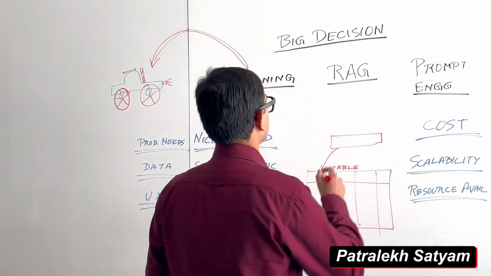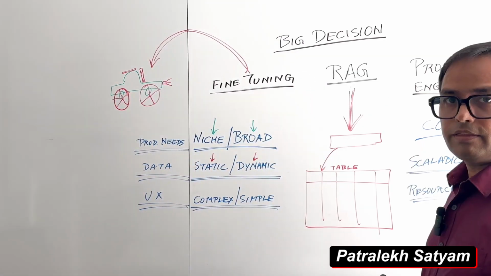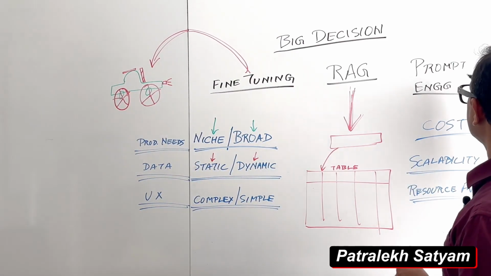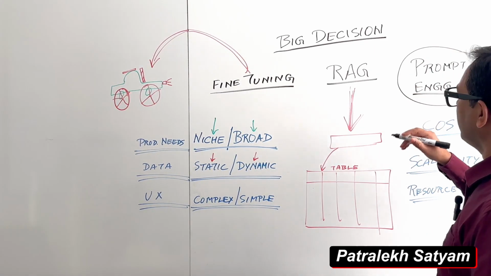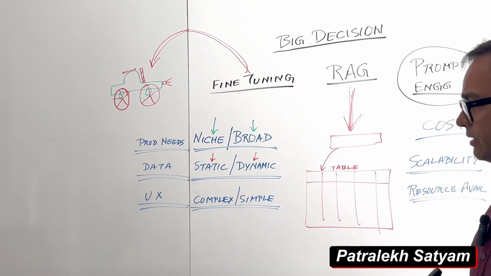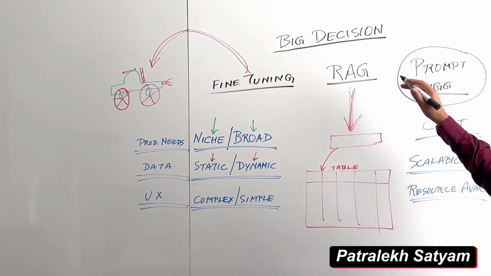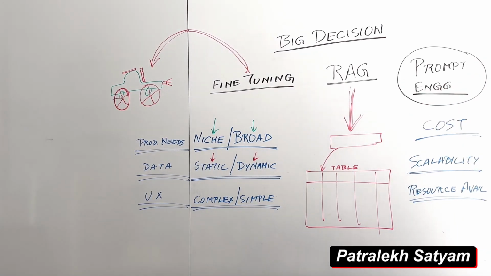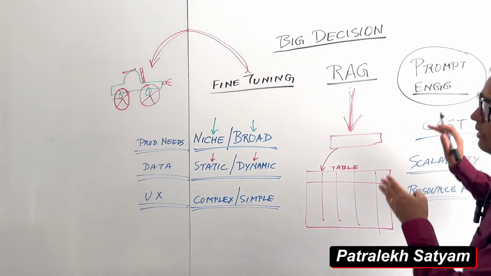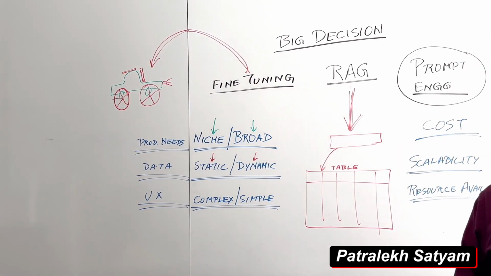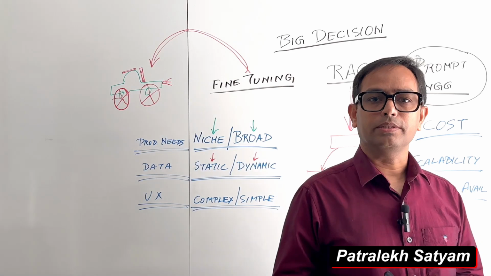So this was RAG. The third one here is prompt engineering. Everyone has heard this term, and everyone is using this to some extent. But why is this important, and why is it written on the board here? It's because these models, you can treat them like an introvert person.